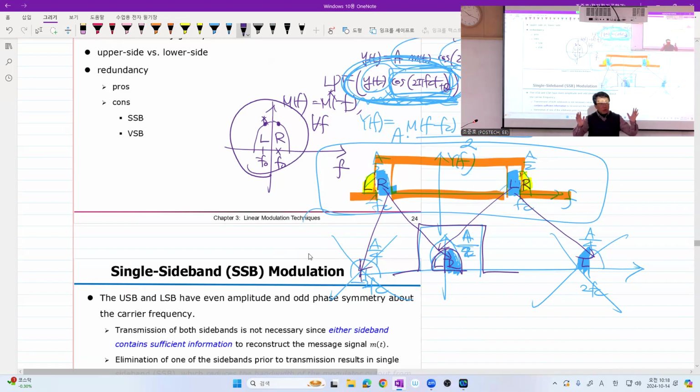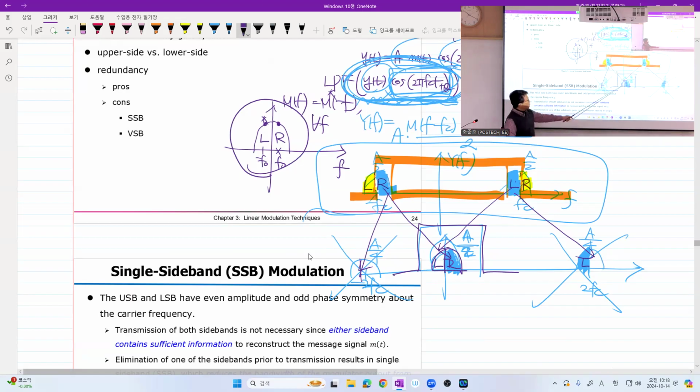Suppose you have, in some way, filtered out the upper sideband part of the DSB-SC modulated signal at the transmitter and then sent. And somehow, suppose you could find the exact phase angle of the received signal and could use a phase-coherent demodulator.